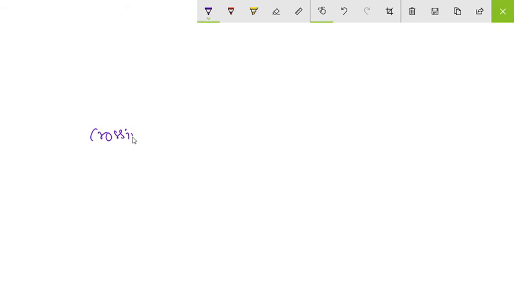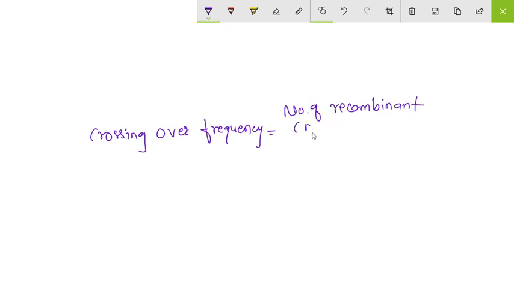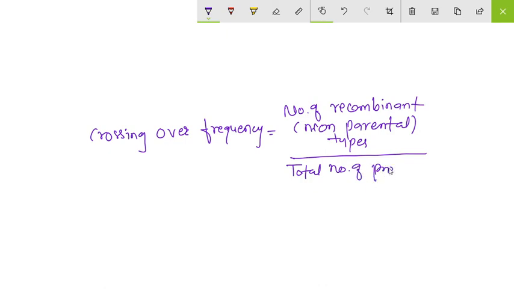So the crossing over frequency is equal to the number of recombinants, that means non-parental types, divided by the total number of progeny obtained in the test cross, into 100.